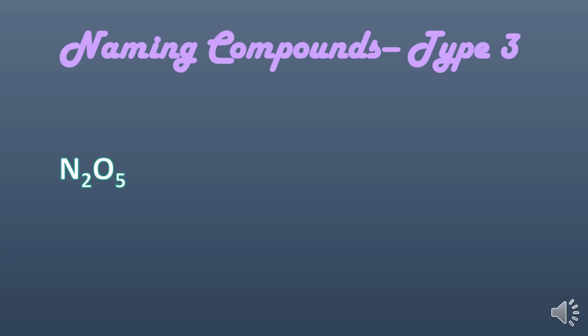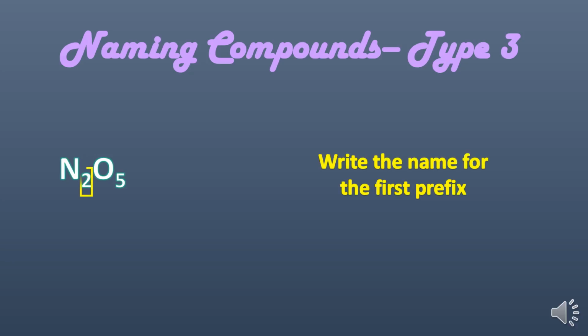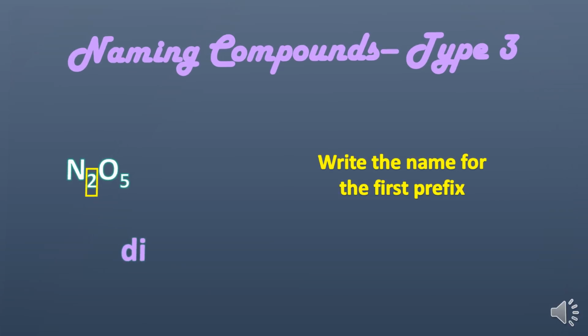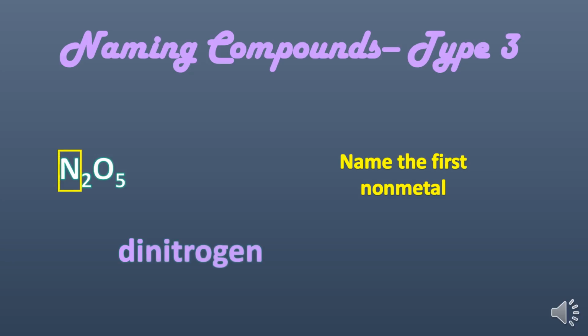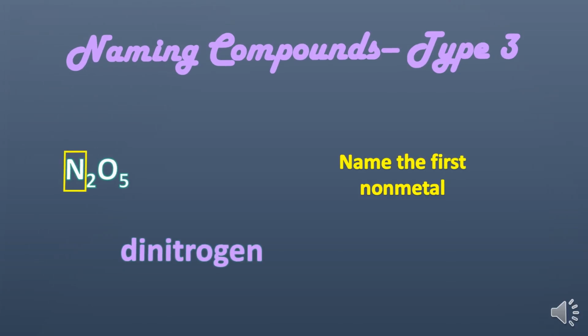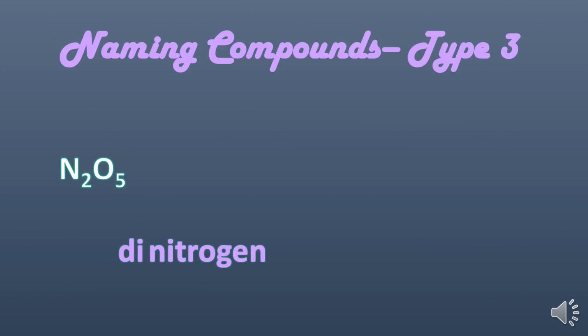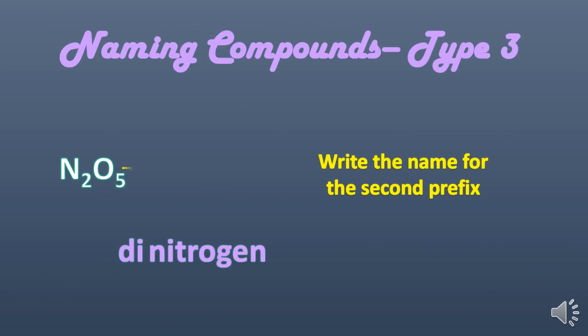Other direction, we've got the formula. We need the name. So here we go. First things first, write the name for the first prefix. Well, 2. What is that? Di. Good. Now that we have di, your next thing to do is write the name of the first non-metal. Nitrogen. We're halfway done. Now you need to write the name for the second prefix.